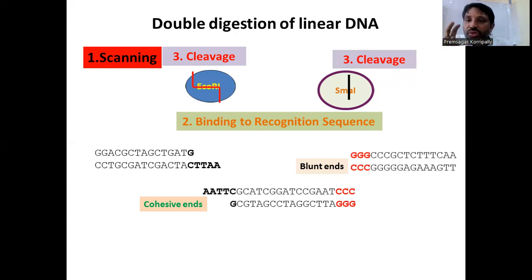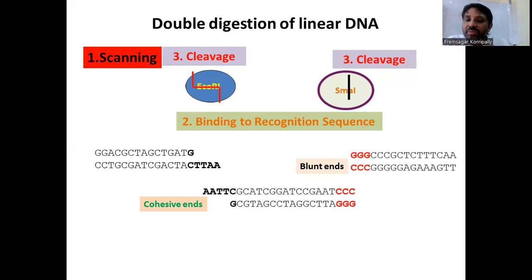Double digestion is usually employed in screening of recombinants. Whenever a clone is having an insert, which is cloned with the help of two different enzymes, then during screening, you isolate the plasmids and go for double digestion. If that plasmid is able to release the DNA fragment, that means that's a recombinant molecule.